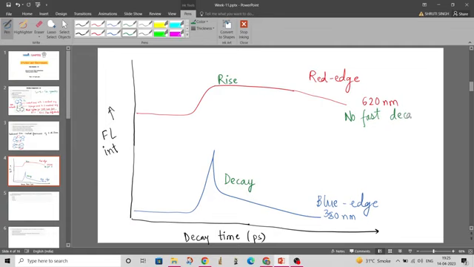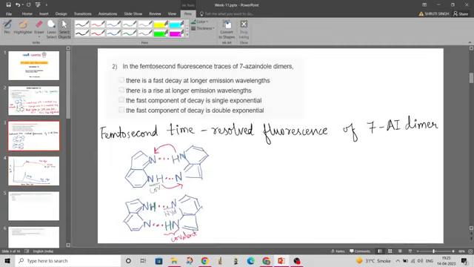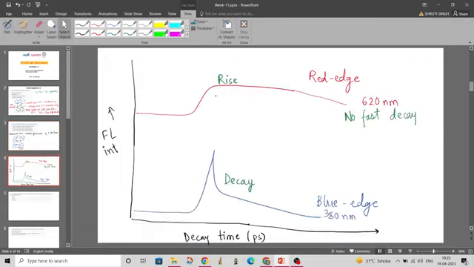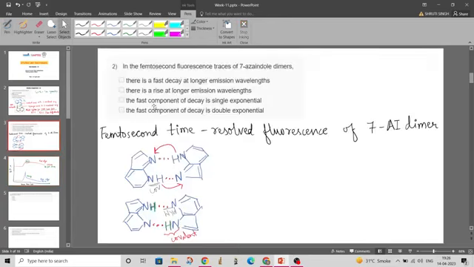No fast decay here. There is a rise at the longer emission wavelength. Yes, it is correct. This is the rise. So at the longer emission wavelength, which is the red side, 620 nanometer, we see a rise. So this second statement is correct, that there is a rise.